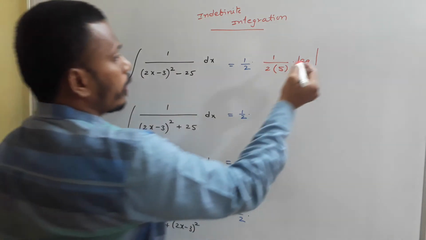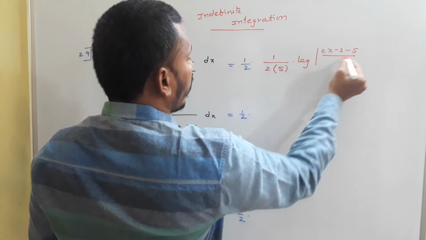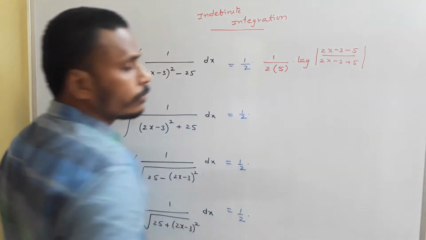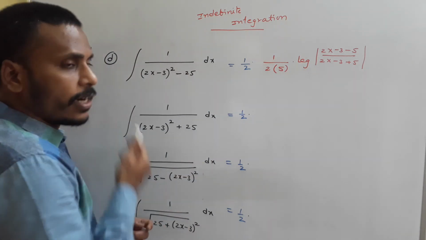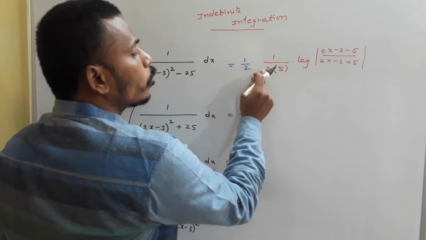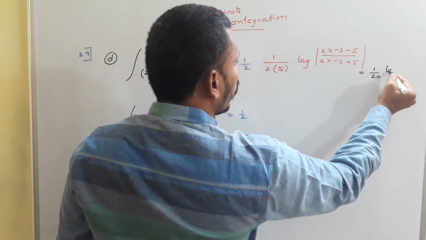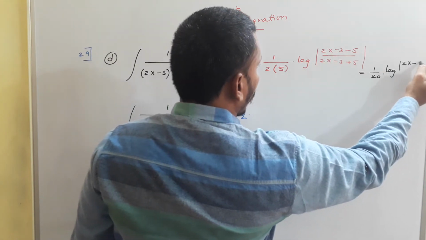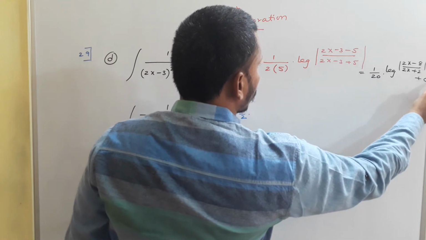T is 2x minus 3, so (2x minus 3 minus 5) divided by (2x minus 3 plus 5). This we further need to simplify. If you simplify, what is your answer at the end? 1 by 2 into 2 is 4, into 5 is 20. So 1 by 20 into logarithm of (2x minus 8) divided by (2x plus 2), plus c.